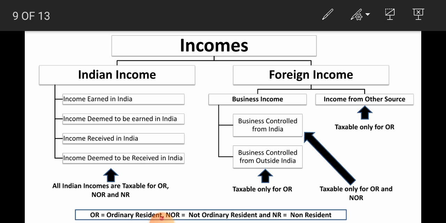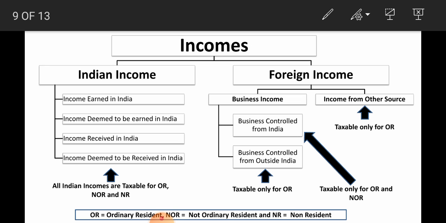And whenever we find that the income is in the nature of Indian income, then it will be taxable for all type of residents, like for ordinarily resident, not ordinarily resident, non-resident. Clear? It simply means that if the assessee has been non-resident in India, definitely he has to pay tax on all incomes which are Indian incomes. How you will find out the Indian incomes?